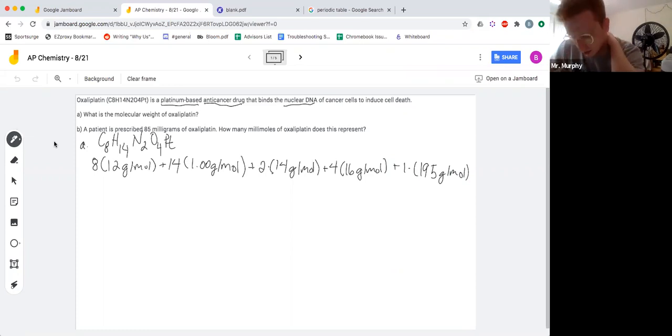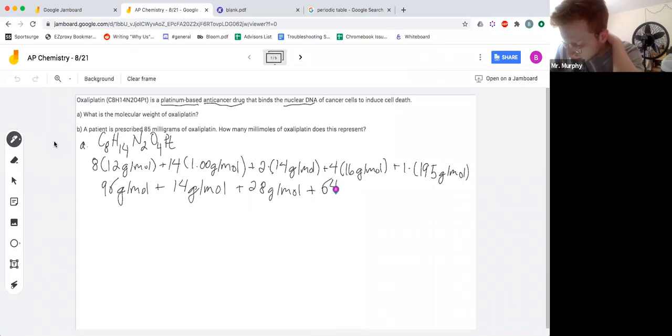I'm going to do this mental math in my head and just put it out here. 8 times 12 is 96 grams per mole. This is 14 grams per mole. This is 28 grams per mole. 64 grams per mole. 195 grams per mole.